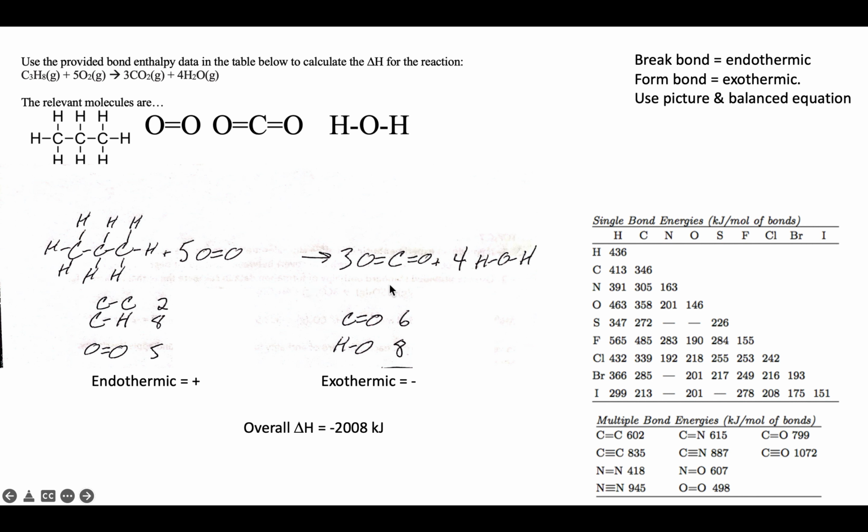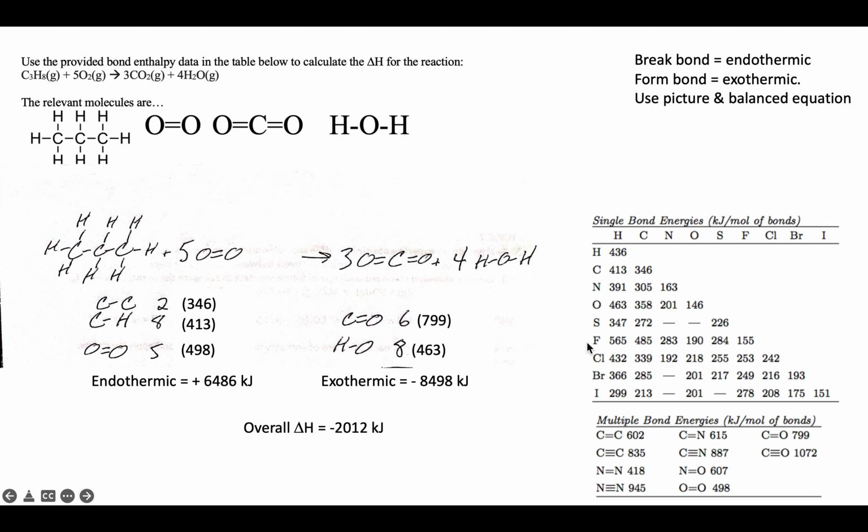The exothermic contribution, oxygen and carbon, double bond, well, I see 2 of those in CO2, and I have a coefficient of 3 in my balanced equation, so I have a total of 6 of those bonds. The hydrogen oxygen, within the water, I have 2 moles, and then I have a coefficient of 4, so a total of 8 moles of those bonds.